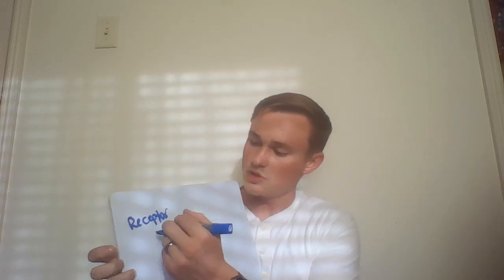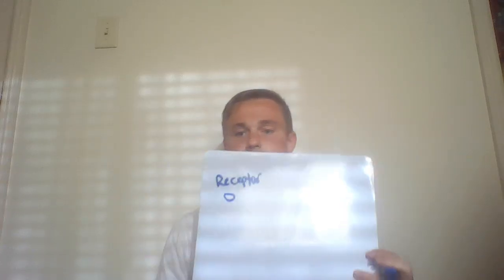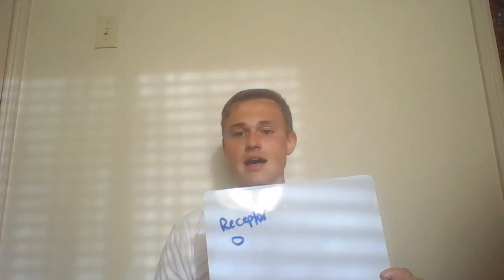How does this happen? Well, we go through something called a reflex control pathway. The general idea of this is we have a receptor that senses changes in the external environment. The receptor is usually a cell of some sort of nervous tissue that senses a change in the environment.